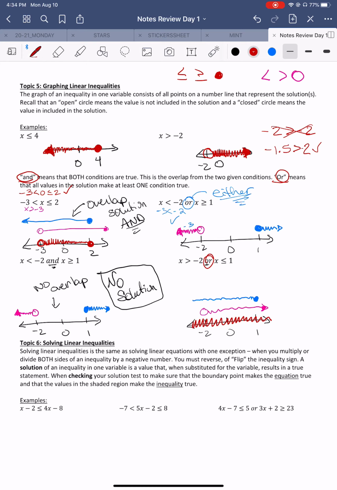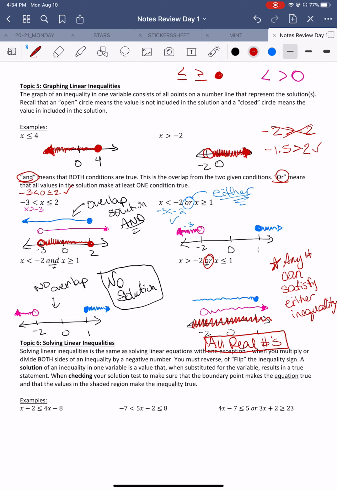So any number can satisfy either inequality. So this tells me that all real numbers would be our solution.